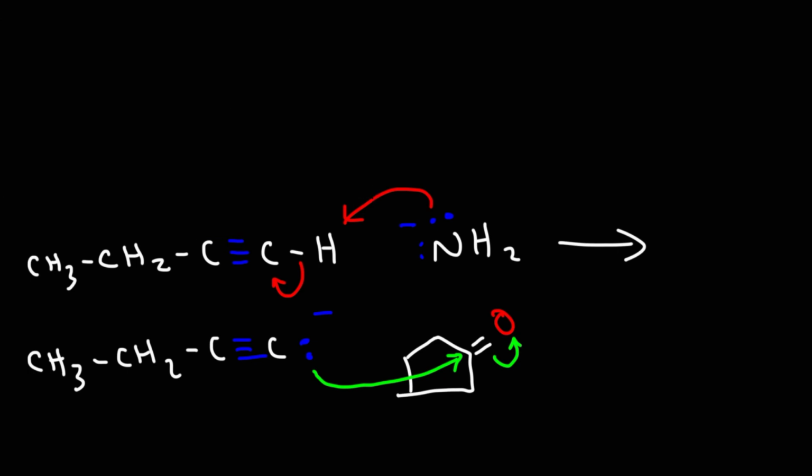The third step is H3O+, which will be the next step. So right now what we have is an oxygen with a negative charge, 3 lone pairs, and then we have a 4-carbon chain attached to it.